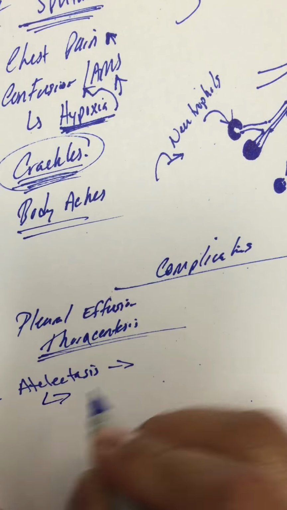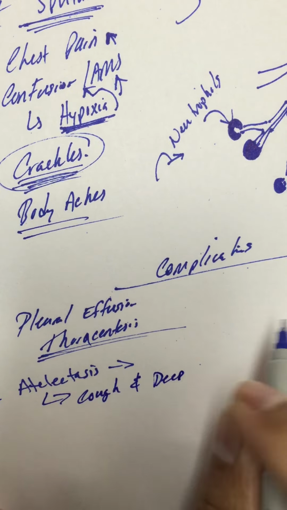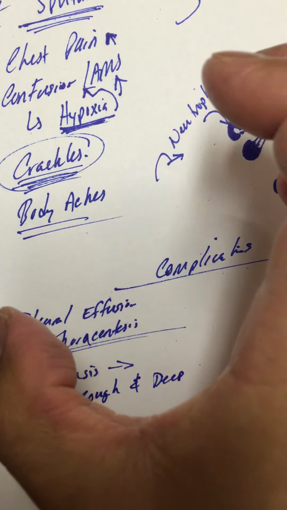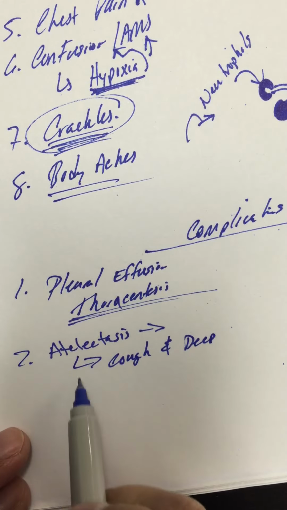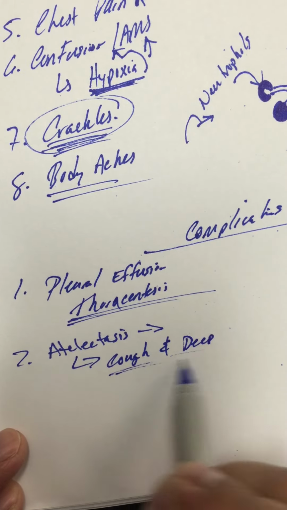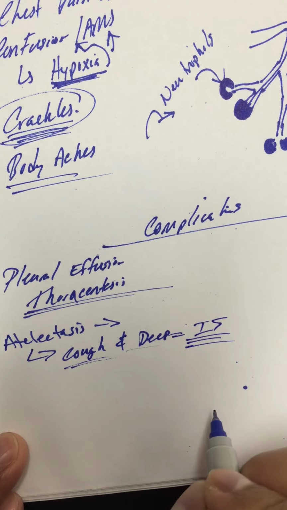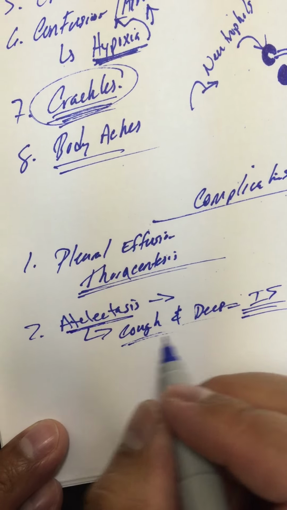So for these patients, you want to tell them to cough and deep breathe. It'll make the alveoli reopen. Okay, so for these patients that are suffering from atelectasis, cough and deep breathe is very, very important. So your IS is very, very important. Again, you want to prevent atelectasis.